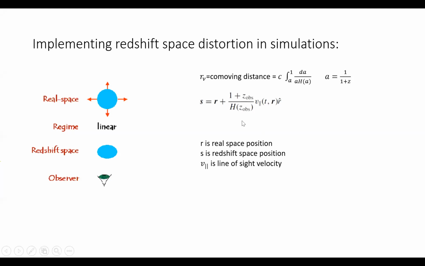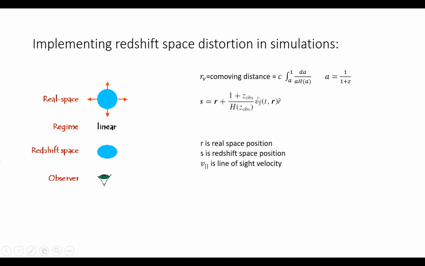Now in simulation, you have velocity information already, as I have discussed. From the simulation real space box, all those boxes are in real space, if you want to convert them into redshift space, you can simply use this formula.